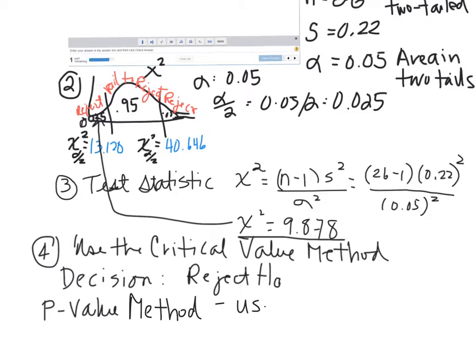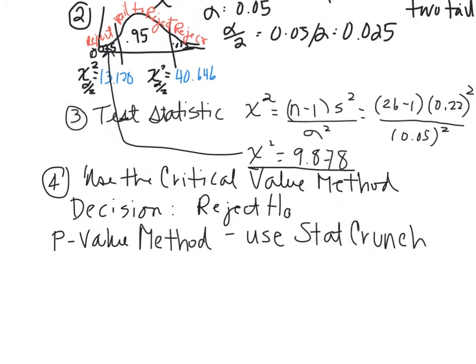We don't have StatCrunch when we're taking the test at the testing center, so I basically tell you to use StatCrunch for the homework. You can always use the critical value method. You could see we did that to make our decision to reject the null hypothesis.